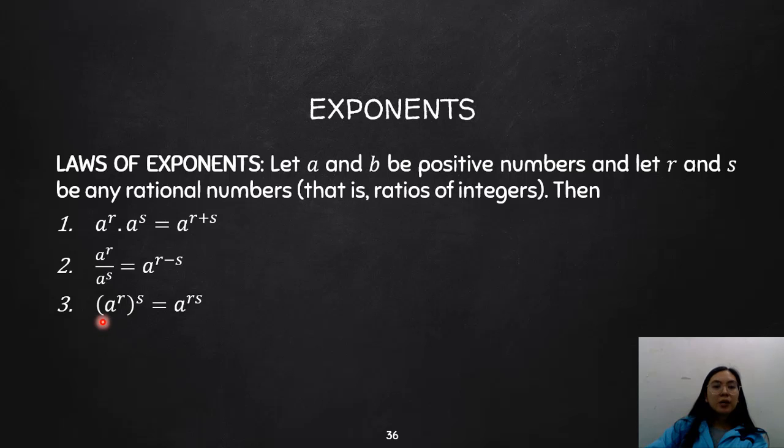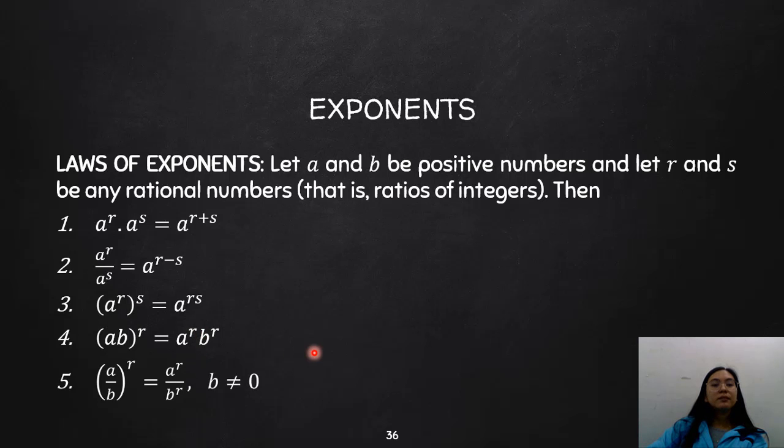Third rule, a raised to r raised to s is equal to a raised to r multiplied by s. Fourth rule, ab raised to r is equal to a raised to r times b raised to r. And fifth rule, a all over b raised to r is simply a raised to r divided by b raised to r, such that b is not equal to 0.